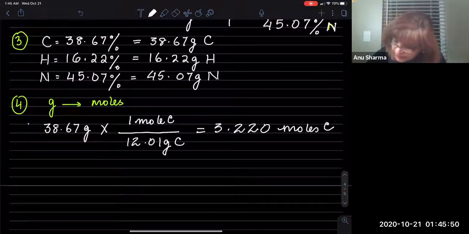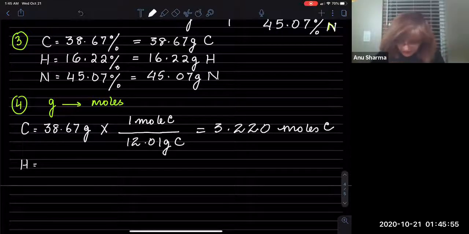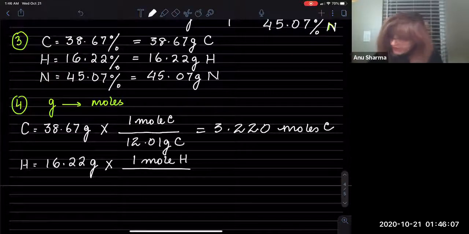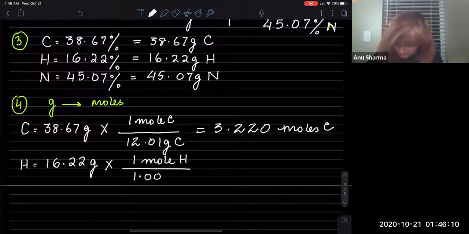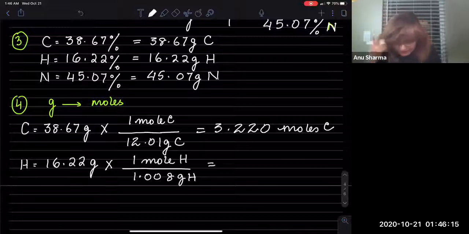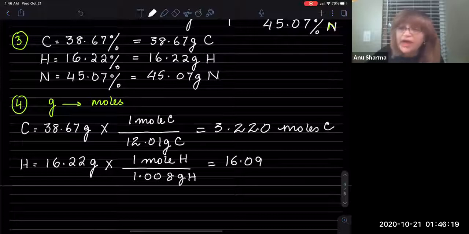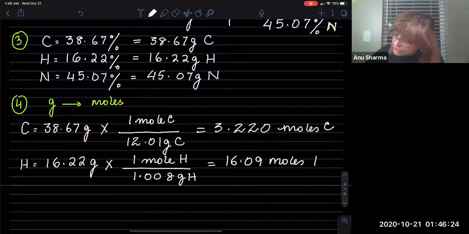Next comes the hydrogen. The hydrogen is 16.22 grams times 1 mole of hydrogen over 1.008 grams of hydrogen. So this whole thing comes out to be 16.09 moles of hydrogen.